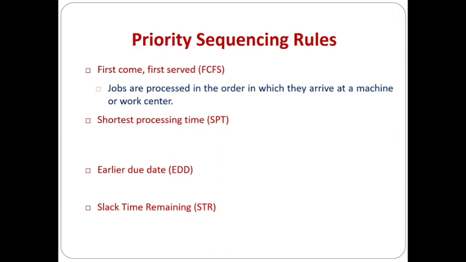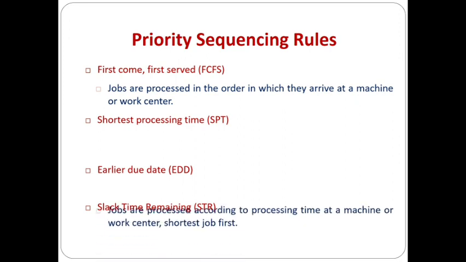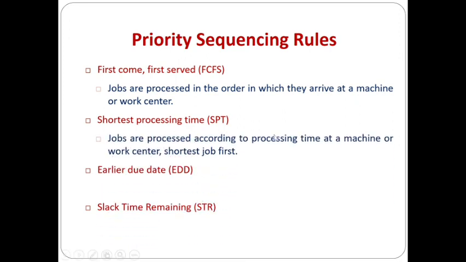The first one is first come first served. In this, the jobs are processed in the order in which they arrive at a machine or work center. In the second case, that is the shortest processing time, the jobs are processed according to the processing time, that is the shortest job first.